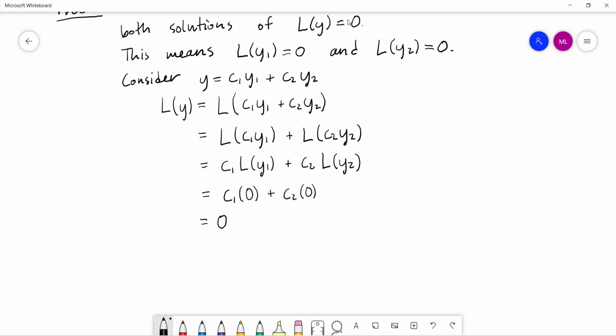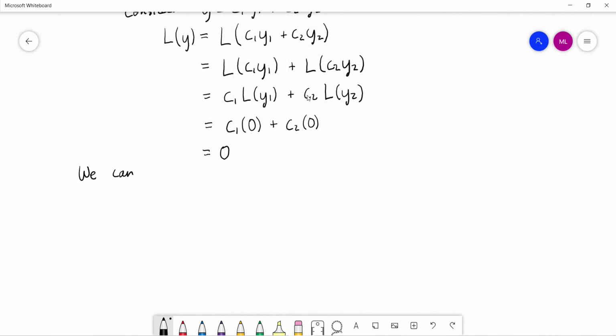So basically, the whole point of this is if I can find a bunch of individual pieces that solve the differential equation, then I can create linear combinations of them using the idea of superposition to come up with a more general solution.